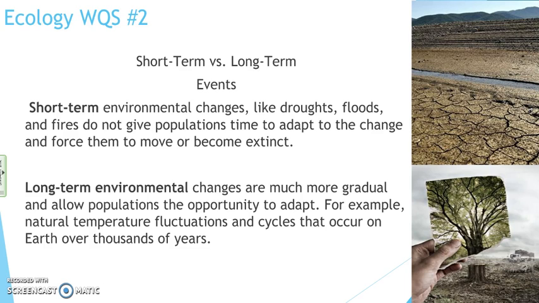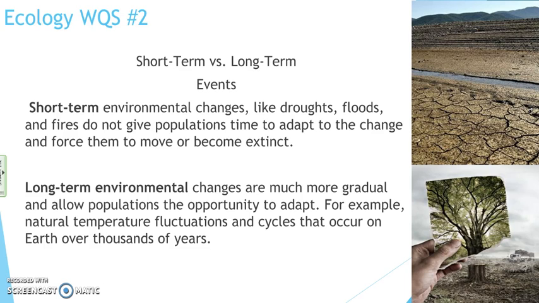And then you have short-term and long-term events in the environment. Short-term environmental changes like droughts, floods, and fires do not give populations time to adapt and change, and force them to either move or even become extinct because they're not able to prepare for whatever change happens.